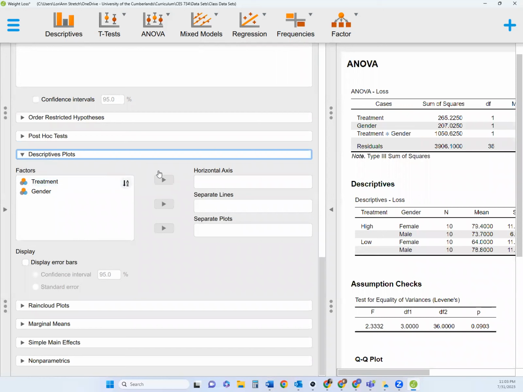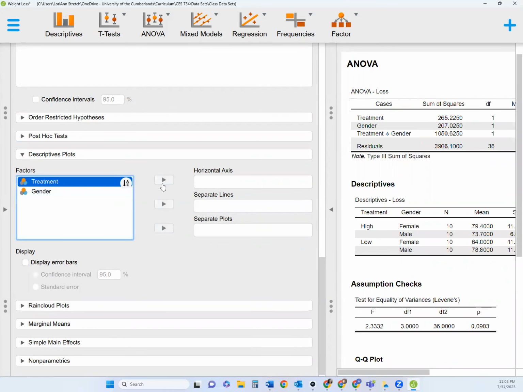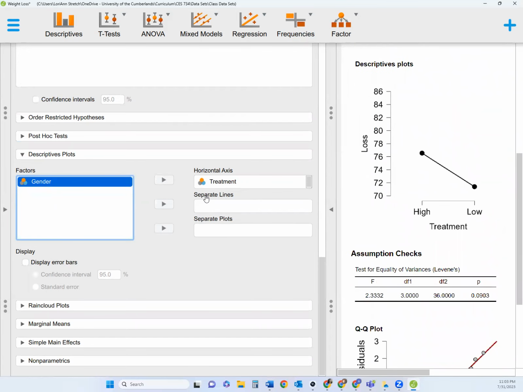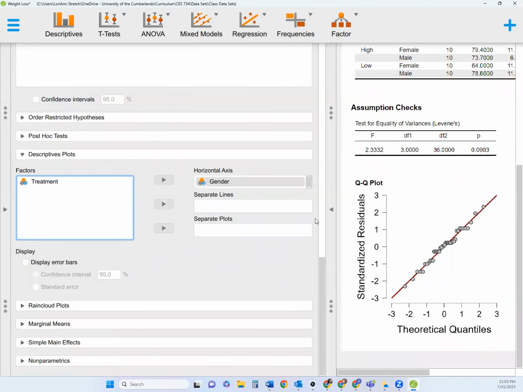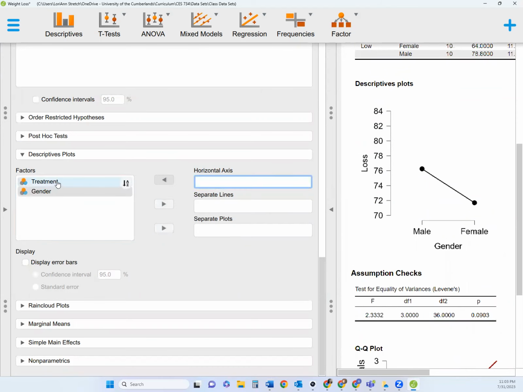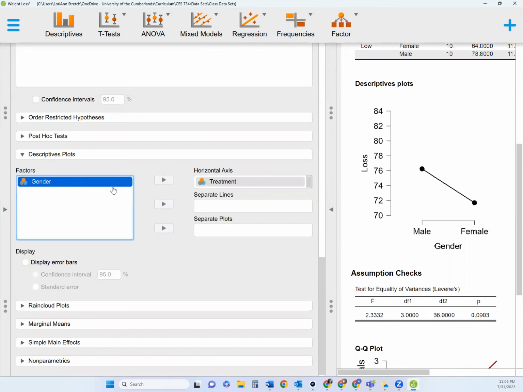For descriptive plots, I can look at these individually, but I also can look at them together. If you look here, it's going to give me just the treatment, or I can move this back and I can move gender, and I can get a chart for gender. But it's probably more helpful to see the 2 together. So I'm going to put treatment first.